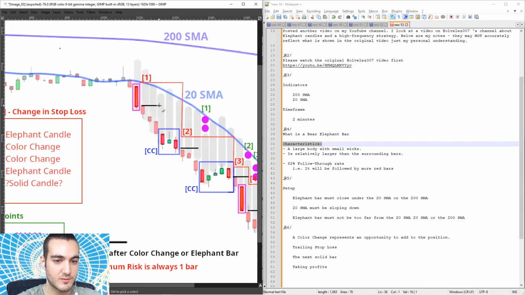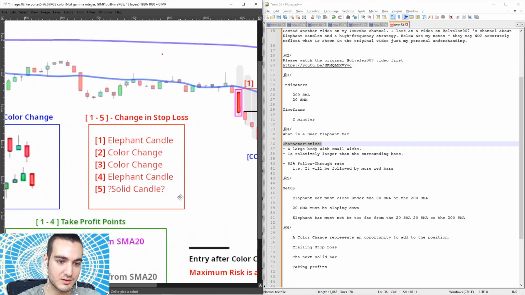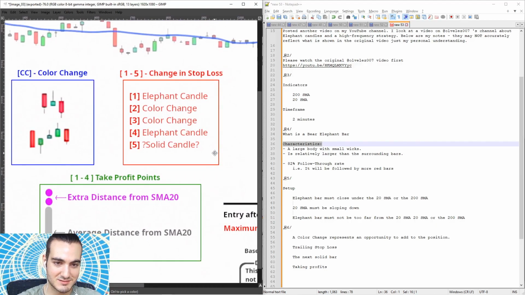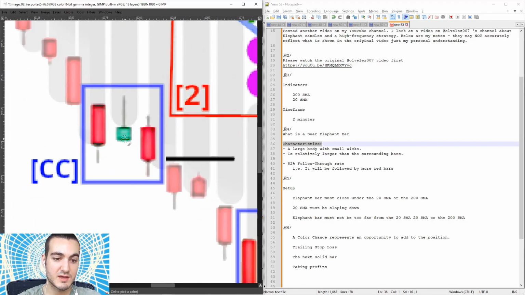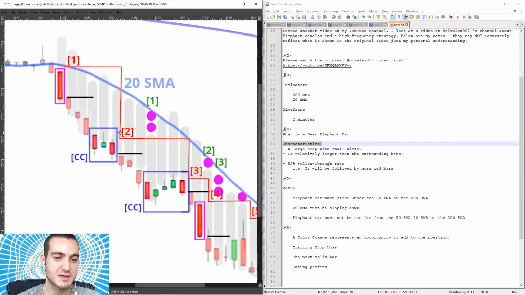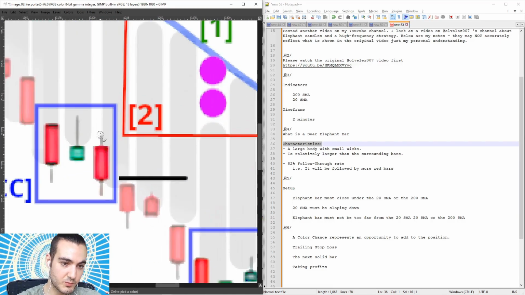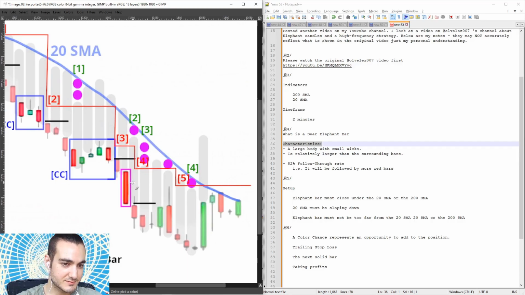So we enter here after the first elephant bar, and then how do we manage our take profits and move our stops to protect those profits as we progress? Well, whenever we see a color change like this, we can move our stop down to the open or the high of this red bar here. So we can see that's 0.2 on our stop line.